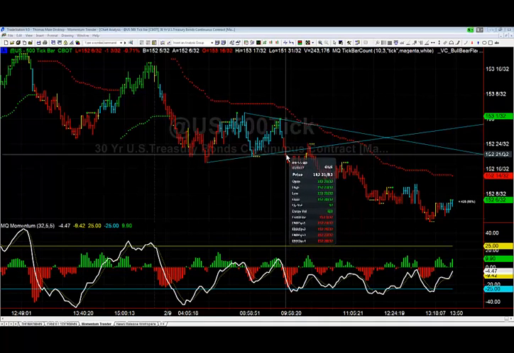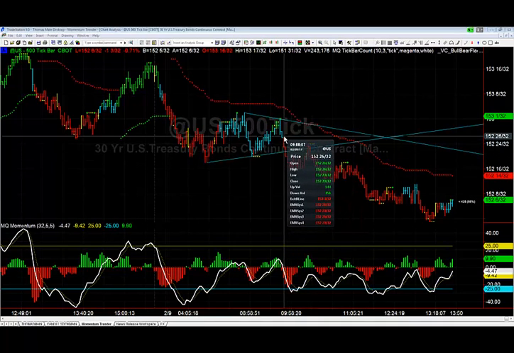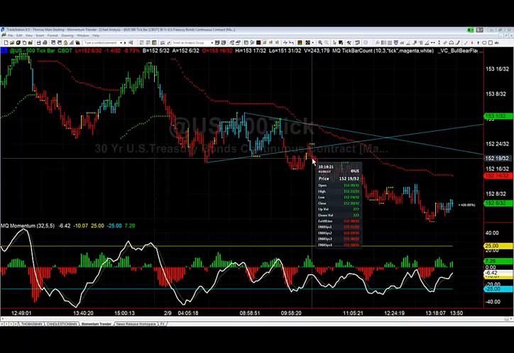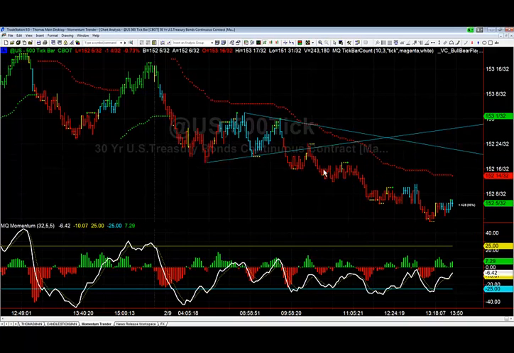Your first entry is either right here on the trend line break with your stop above the previous bar's high, or you're entering after the last kiss on a breakdown with your stop above the high. Then you continue to trend down, lower highs, lower lows all the way throughout the day until right now, it's 1:45 in the afternoon Eastern, and we have another lower high potentially forming, but the target's been hit.